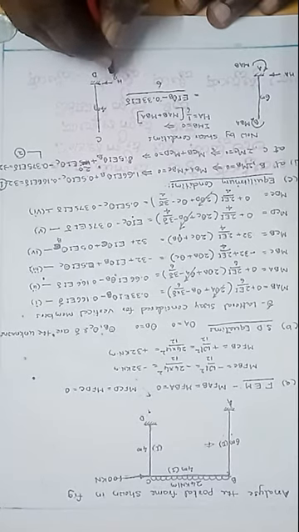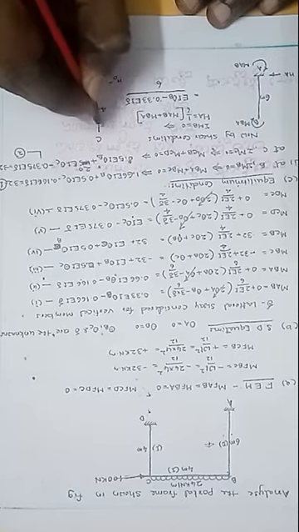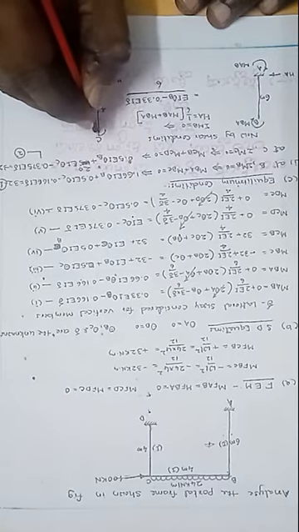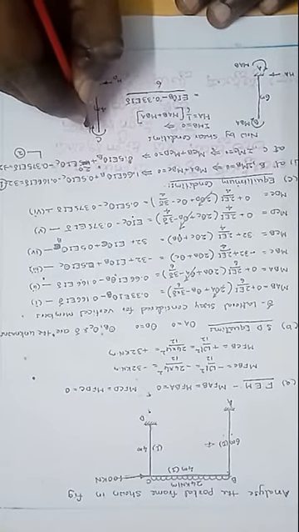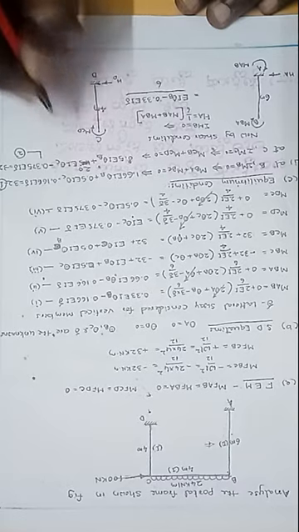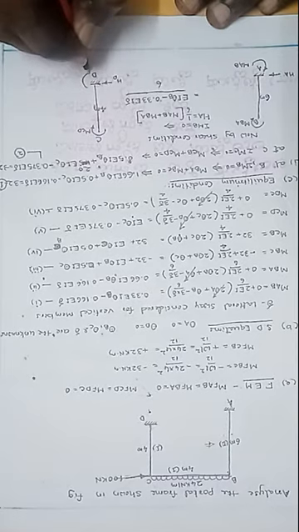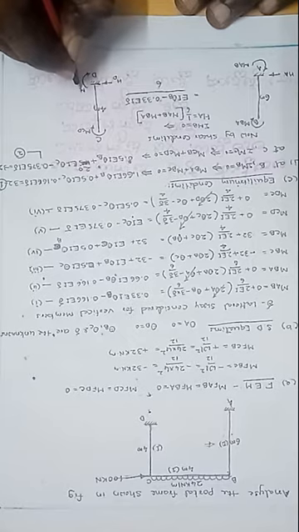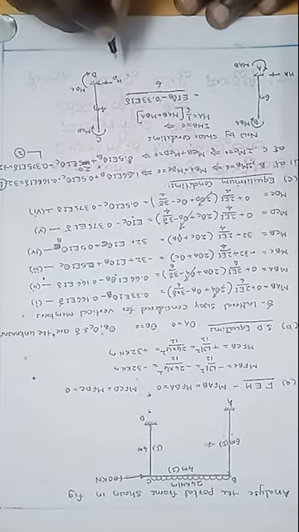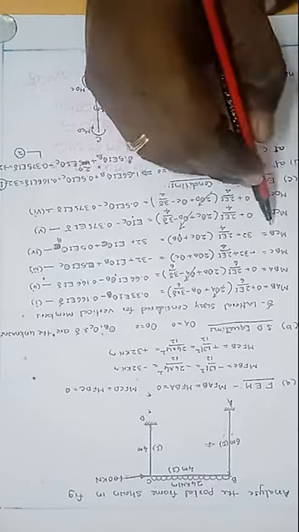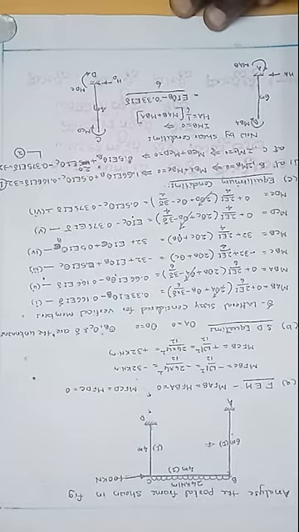This one is HD. Then this one is MCD. This one is MDC. We have written the slope deflection equation for MCD and MDC, then we have to assume that both are in clockwise direction.